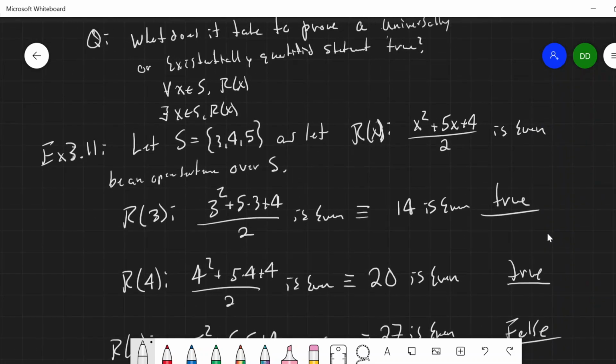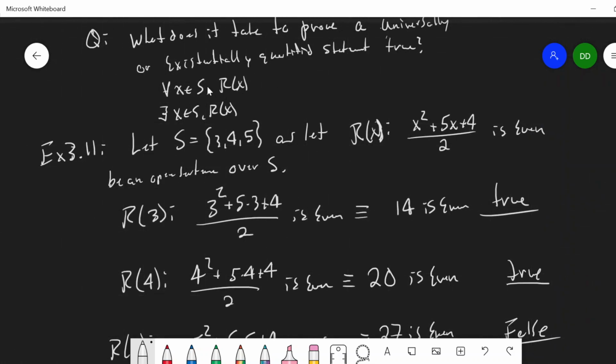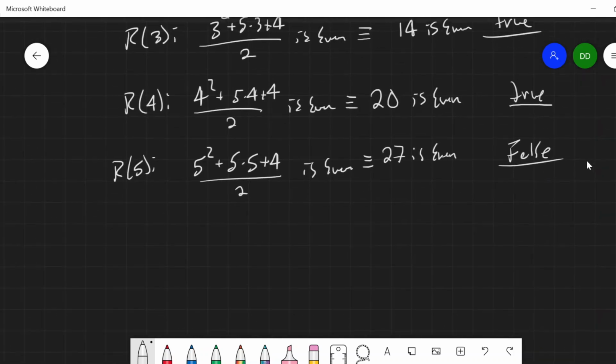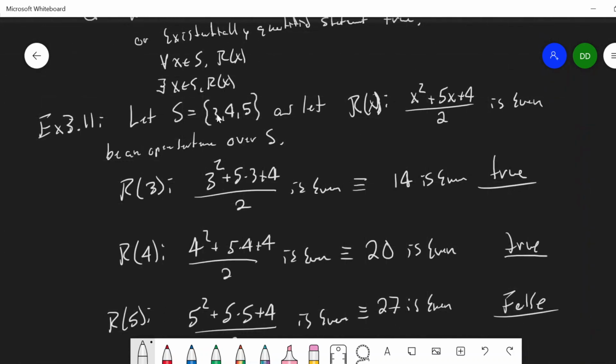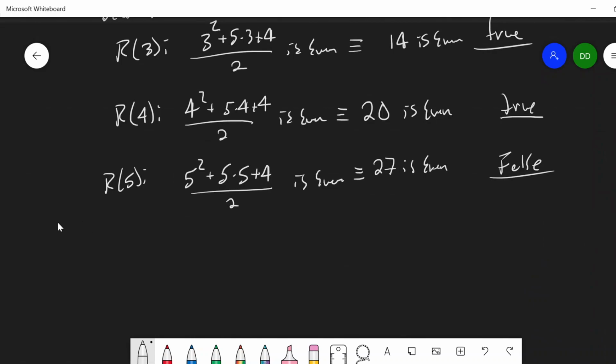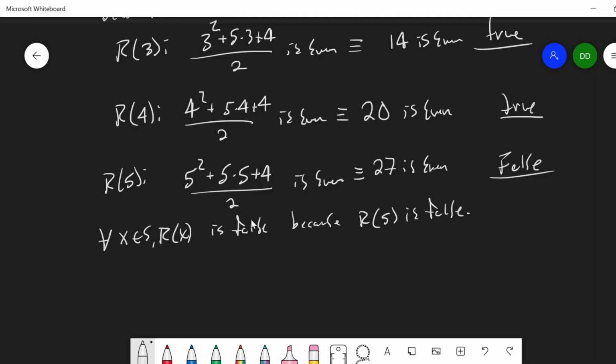So, again, the point of this is to identify whether the universal statement or the existentially quantified statement is true or false. Since R of 5 was false, it's not the case that every element of S satisfies R of x. So the statement for all x in S, R of x is false because R of 5 was false. So that one's false.